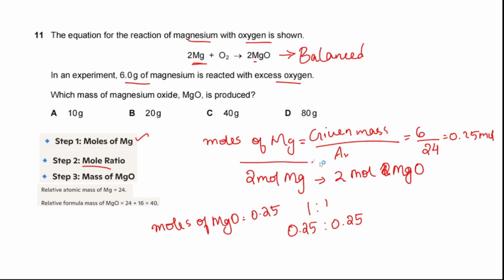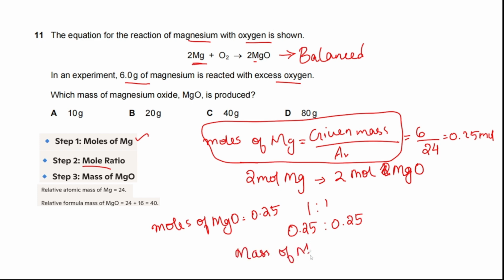Now you can use the same formula to get the given mass with the rearrangement. So the mass of the MgO is equal to, when you need to find this given mass, you multiply the moles of MgO by the relative formula mass.